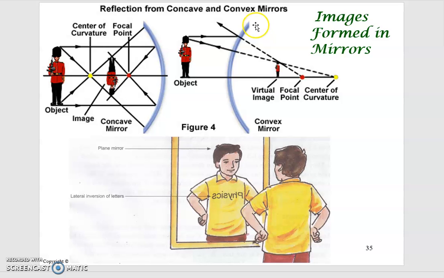But for the convex one, the size you form is always smaller than the original one. And for the concave, it depends on where you put it. So concave, convex, and plane mirror: the image formed really depends on the position and on the curvature of the mirror.